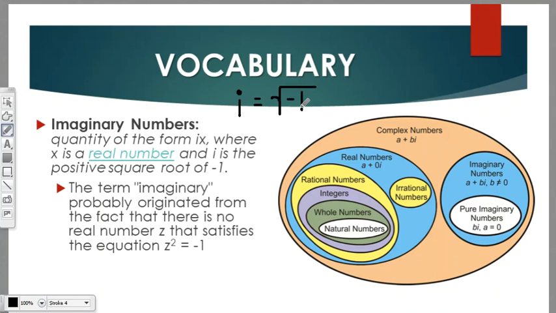Before last time's lesson, we had never seen a negative underneath a square root. And if we had, we would normally say no real solution. If we were ever given the square root of a negative number, we would normally say no real solution. And that's true because it is no real solution.